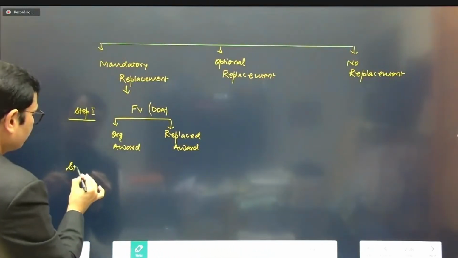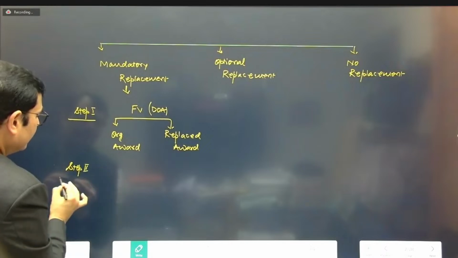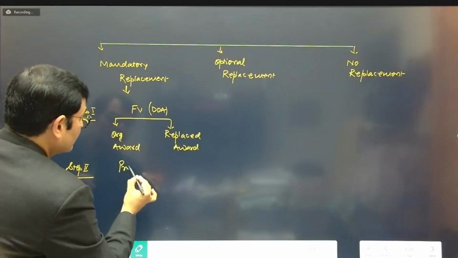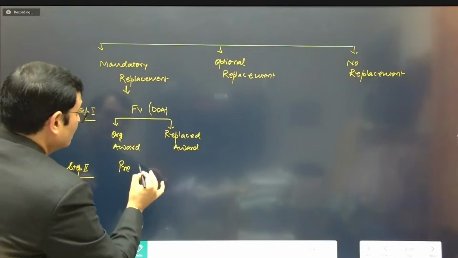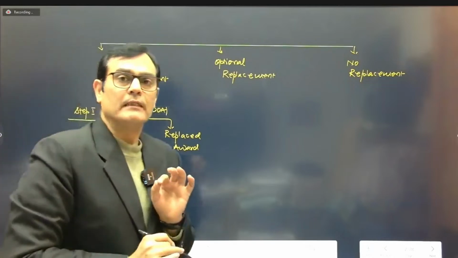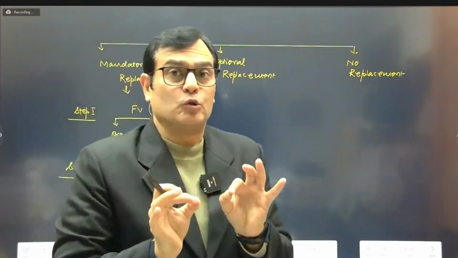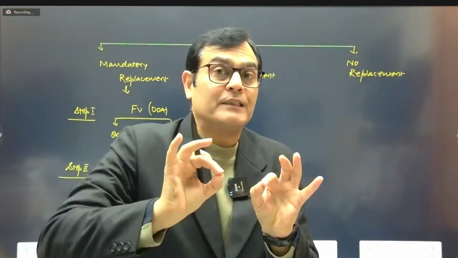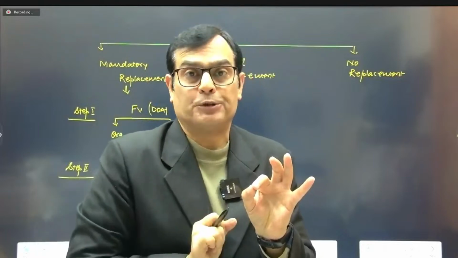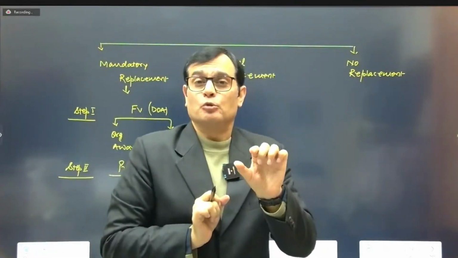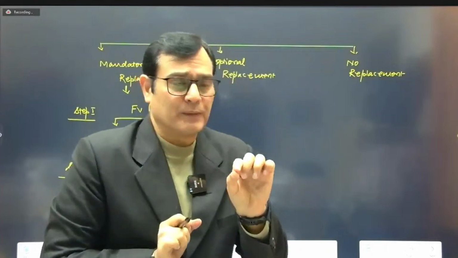Then we go to step number two. In step number two, we need to calculate the portion of the fair value which relates to pre-business combination. Now, don't get worried about the logic. Just see what you need to do, then I'll give you the logic as well.